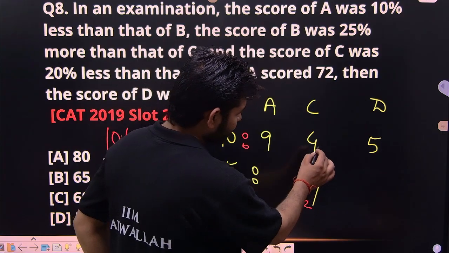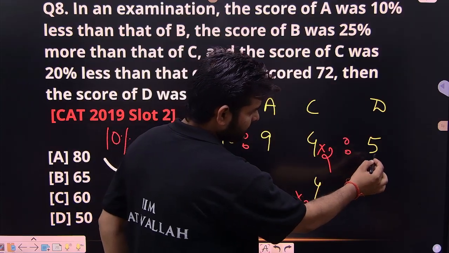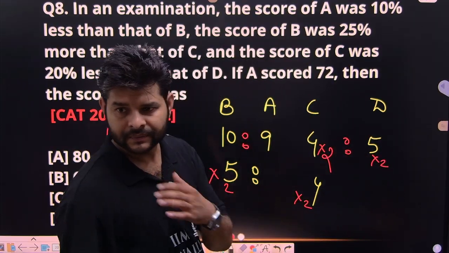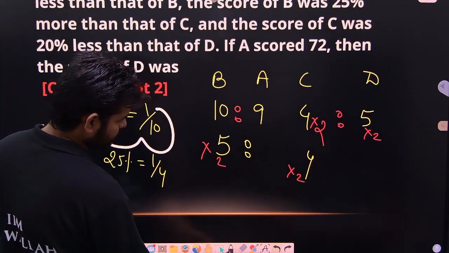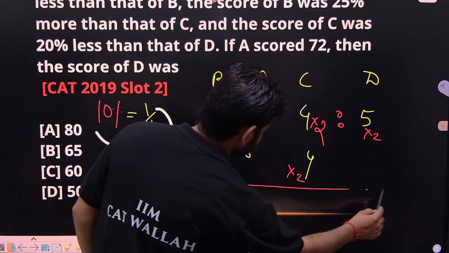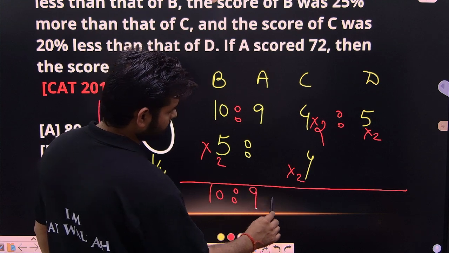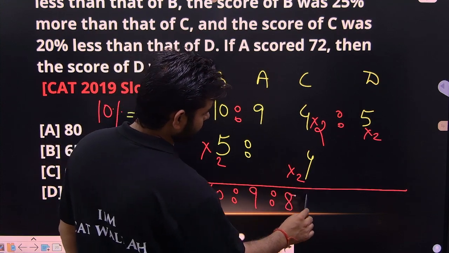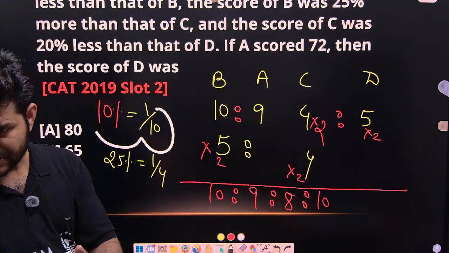So we need to multiply by 2 over here, and this is the ratio with 10. So the final ratio would be 10 : 9 : 8 : 10. These are the actual ratio of their scores.